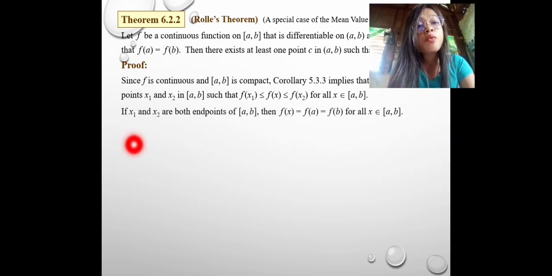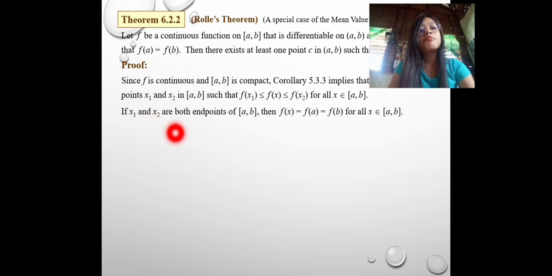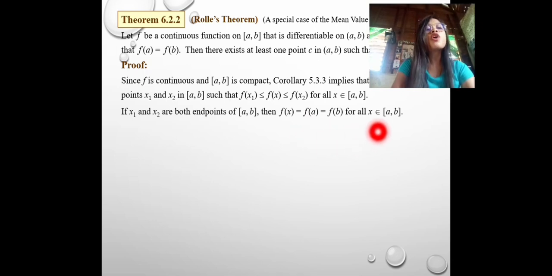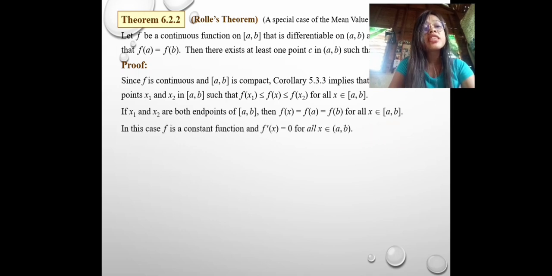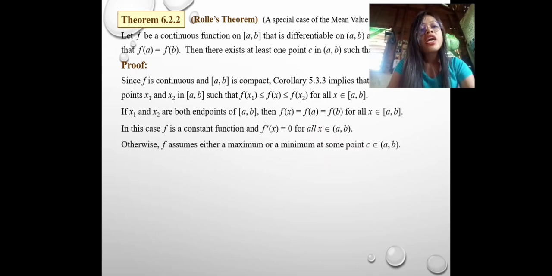If x sub 1 and x sub 2 are both endpoints of [a, b], then f of x equals f of a, and f of a is equal to f of b, for all x in [a, b]. In this case, function f is a constant function and f prime of x is equal to 0 for all x in the interval.